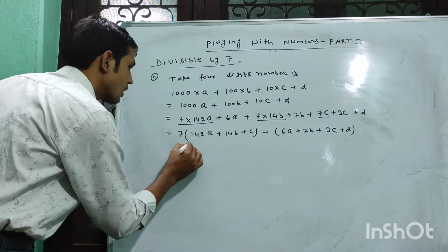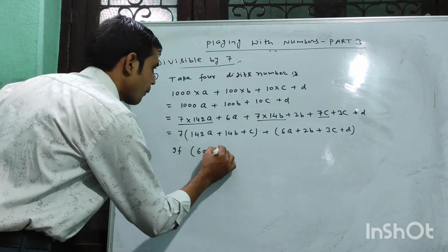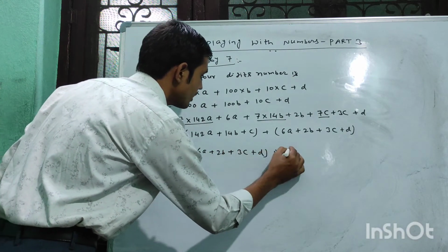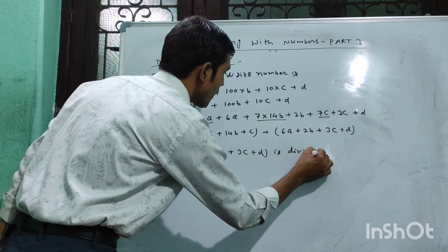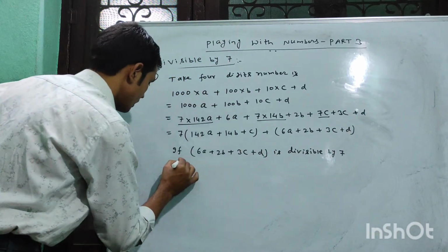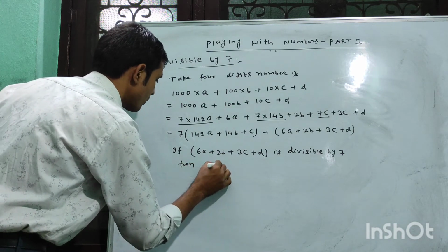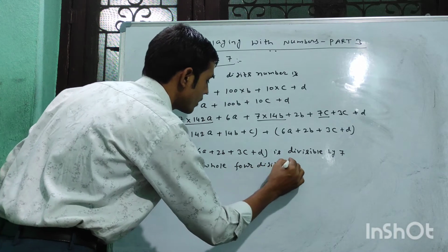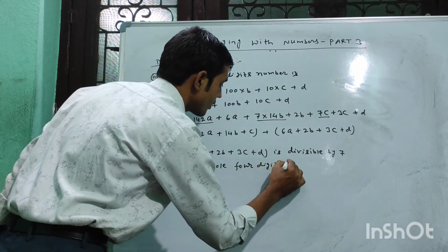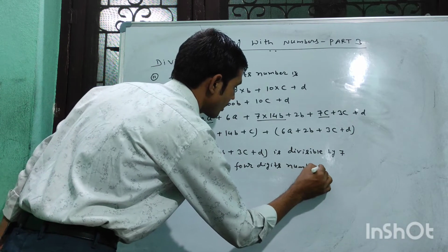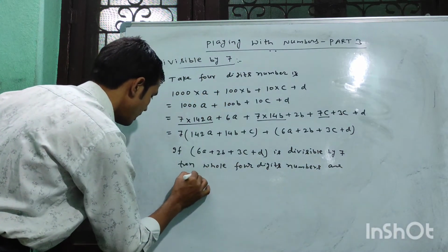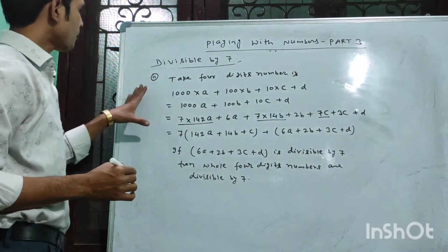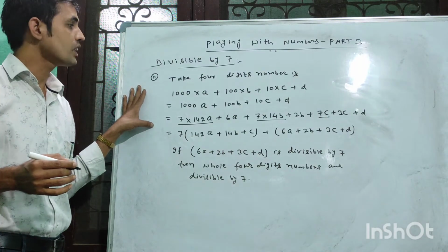So we write: if 6A plus 2B plus 3C plus D is divisible by 7, then the whole 4-digit number is divisible by 7. So this is the process for 4-digit numbers.